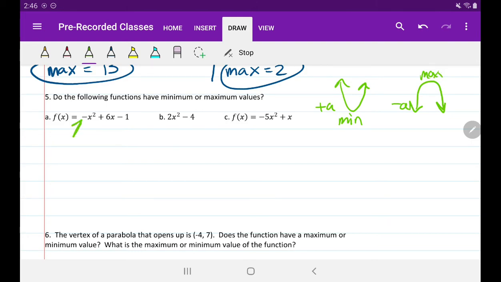So for part A right here, we've got a negative, so this is going to have a max value. Same thing for part C. That'll have a max. And then part B, you can see that we have a positive a value, a positive 2 right there. So then that parabola or that quadratic function will have a min value.